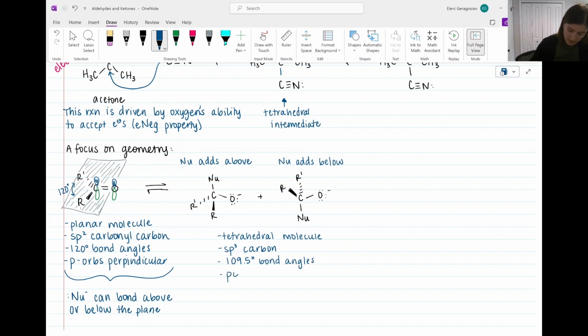And this is where we can form a possible stereocenter. This is if all four groups are different. If all four groups are different, we have a stereocenter. And so in this reaction, both stereocenters form, so both R and S.